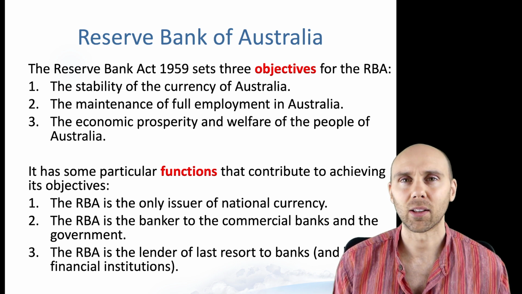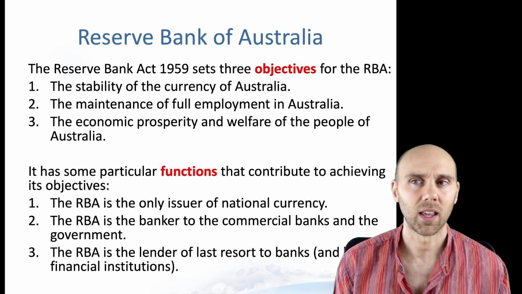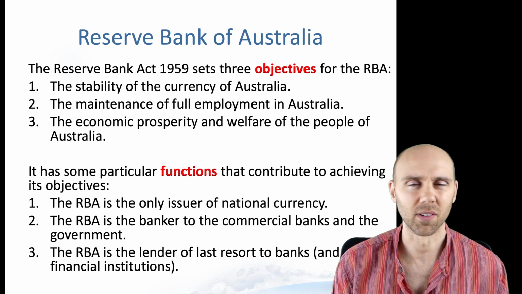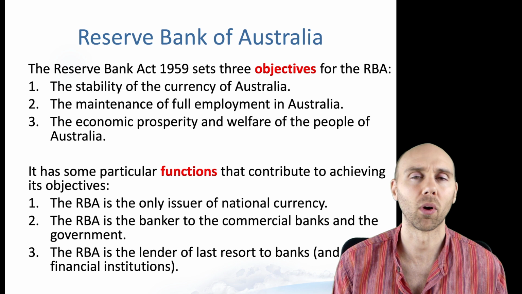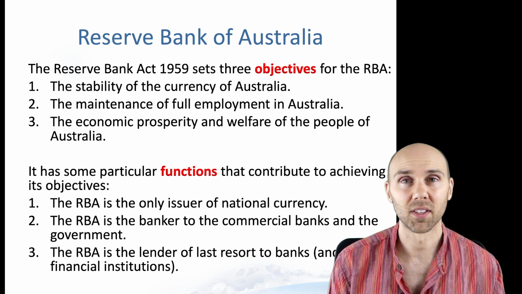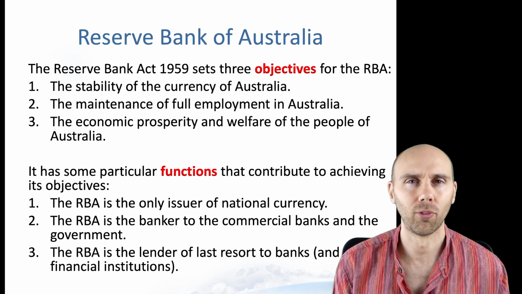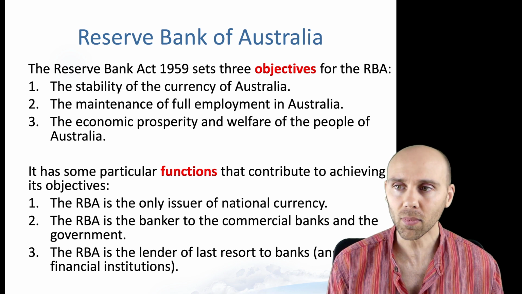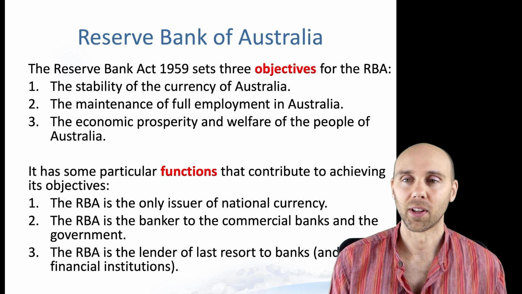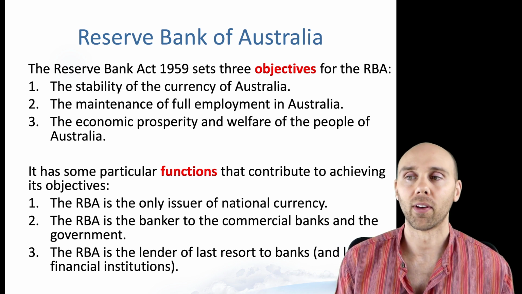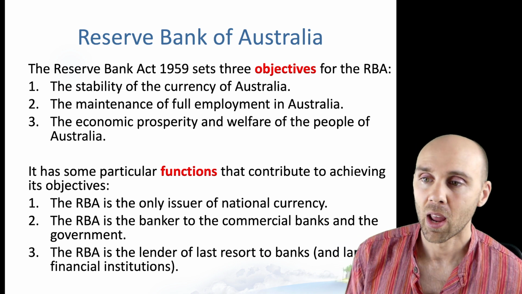It doesn't necessarily mean that we have 100% employment, but those definitions are not so important for what we're talking about. But just note that somewhere around that 4 to 5% unemployment mark is what we would call full employment. And the third, a slightly philosophical definition, is the economic prosperity and welfare of the people of Australia.